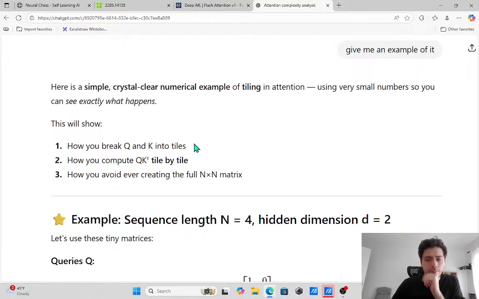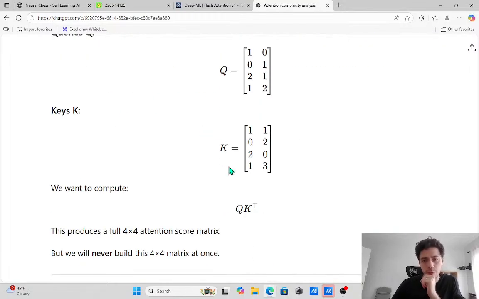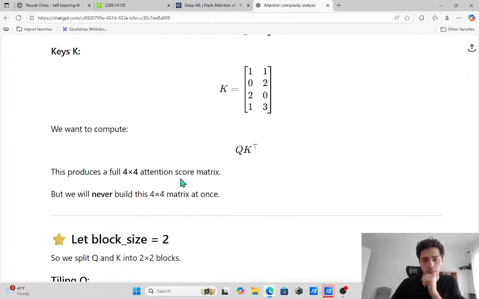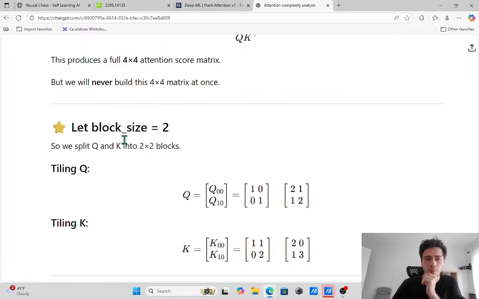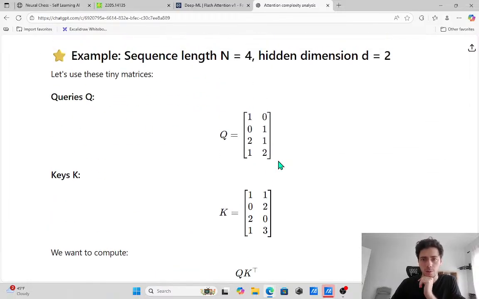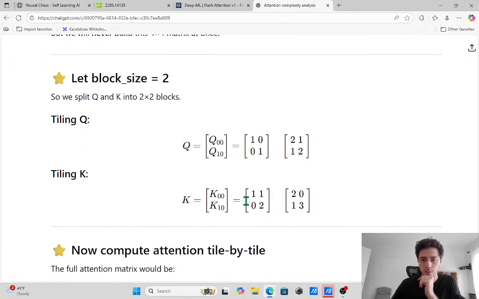Given a 4x2, we do that, fine. Usually this would be a 4x4 and take up that much memory, but we're going to do block sizes of 2. So that should be the first two, these two, and I guess we're transposing it, so yeah, fine.